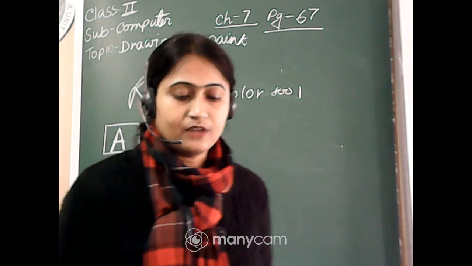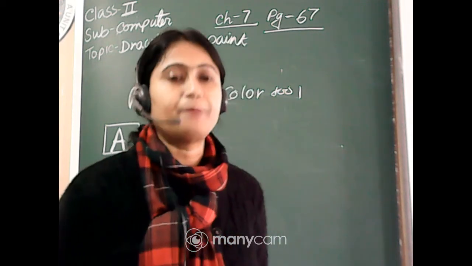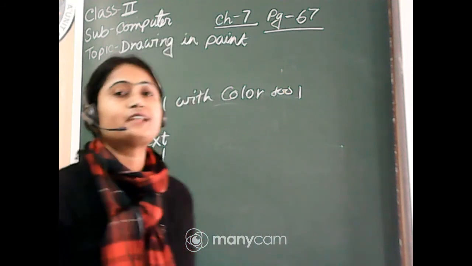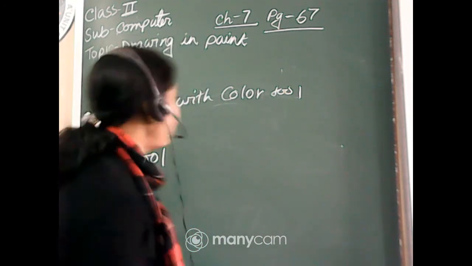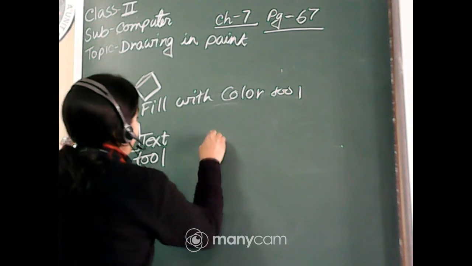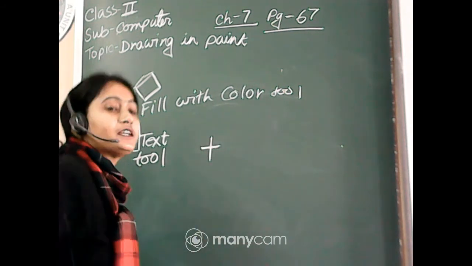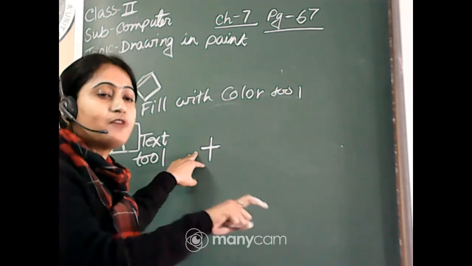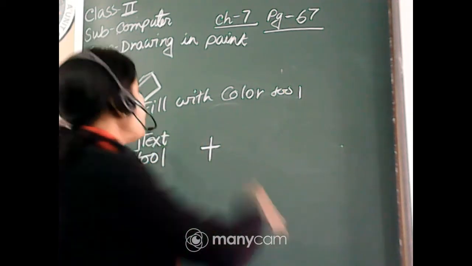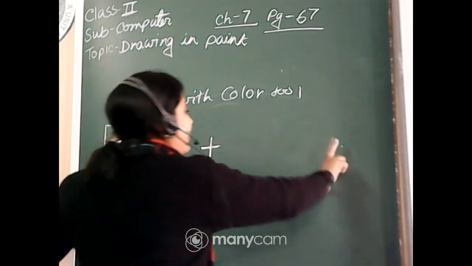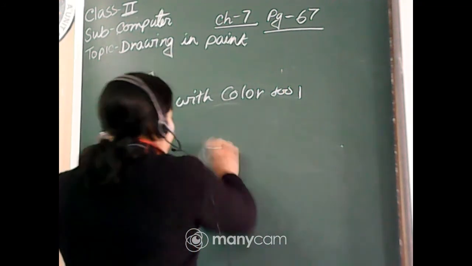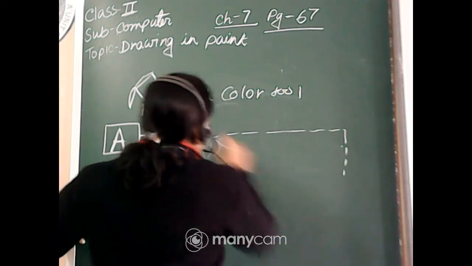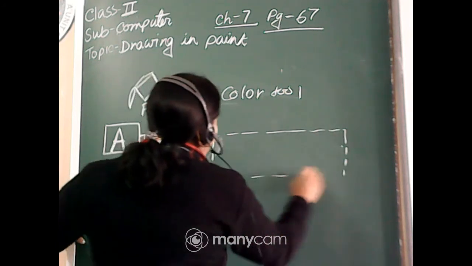Okay. Now the pointer will change to a plus symbol when we select the text tool. We can see the pointer come on the screen as a plus symbol. Where the plus symbol comes, you just press the left mouse button and drag it. When you drag it, you can see a dotted rectangular line come, and you drag it as much as you require.